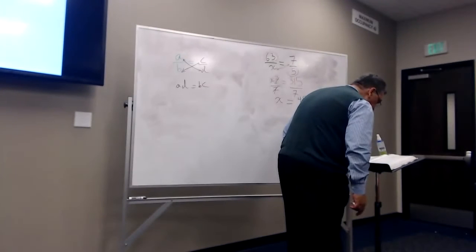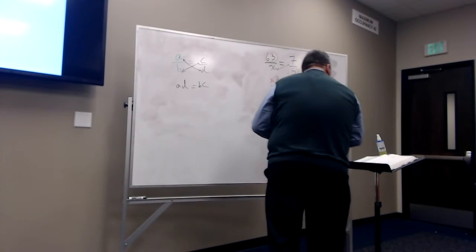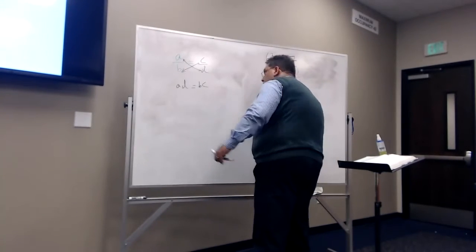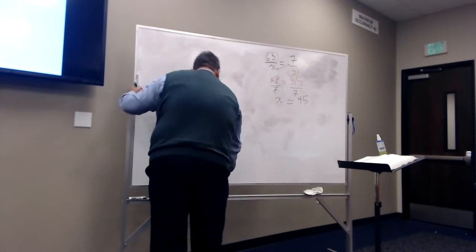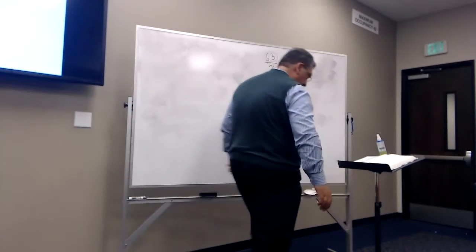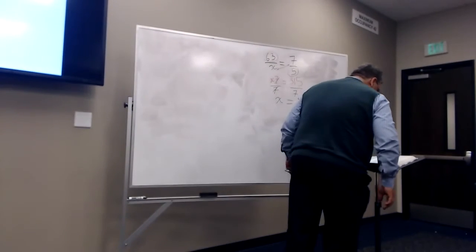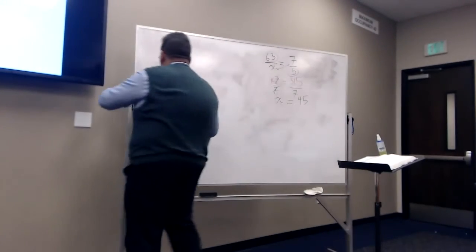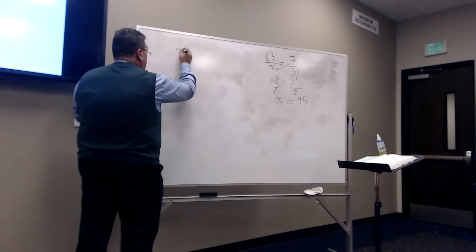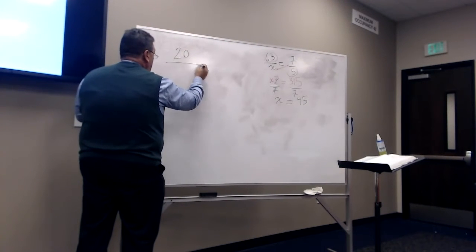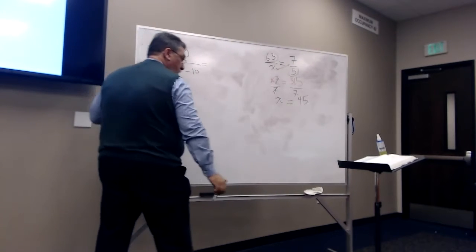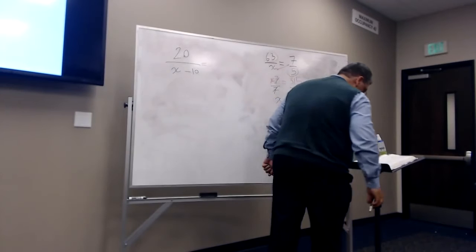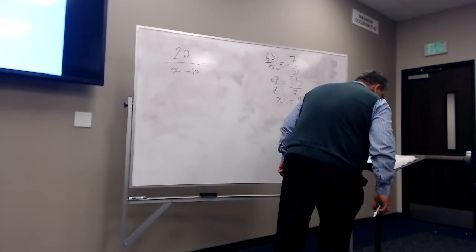Let's do number d. 20 over x minus 10 equal to 30 over x.